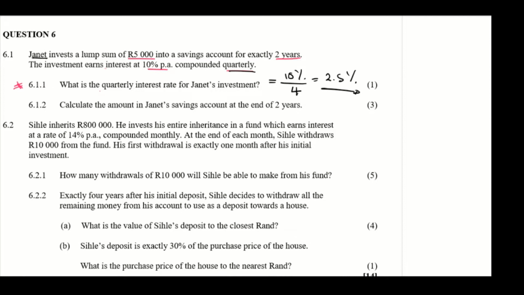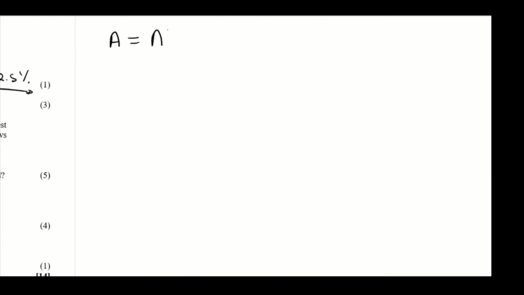6.1.2. Calculate the amount in Janet's savings account at the end of 2 years. So I want to know the amount in Janet's account in 2 years' time. So what we can do is write it here. We know we are using a compound formula: A is equal to P into 1 plus i to the power n.